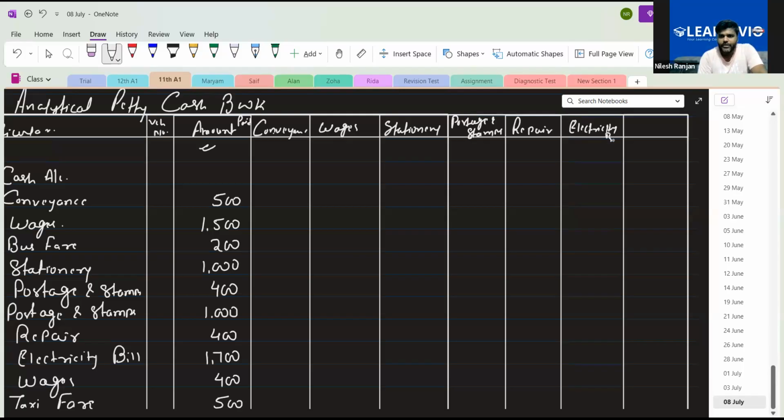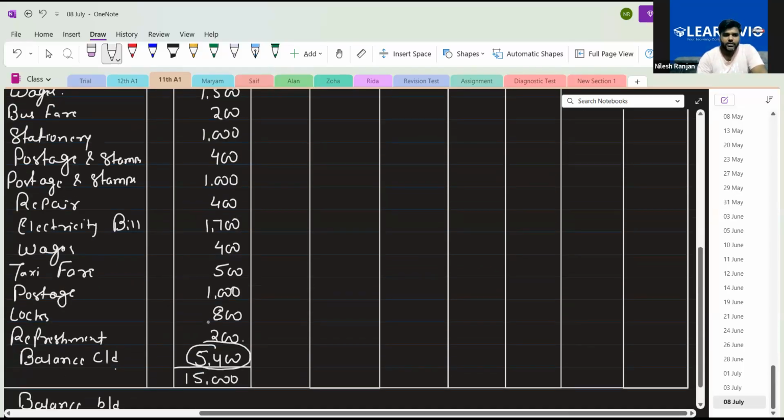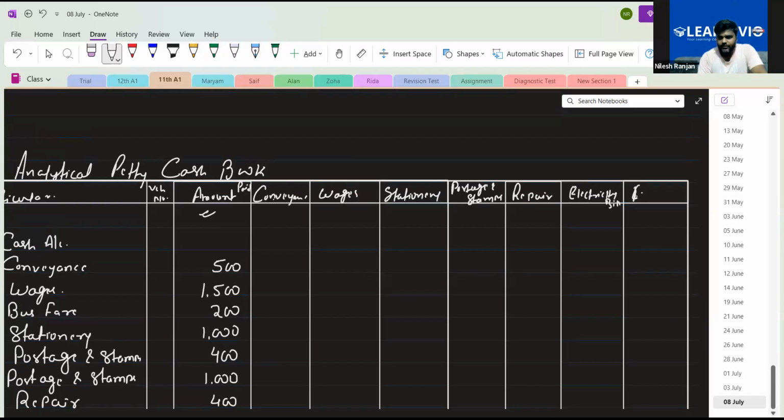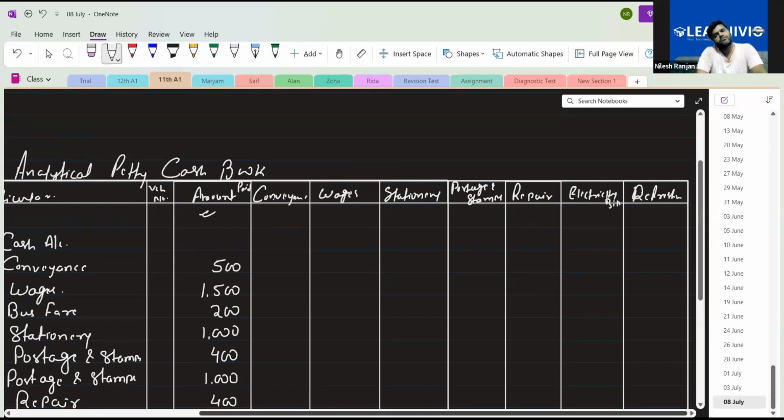So for every expense, you have to create a column. Locks, refreshment. Actually, we will write refreshment. Locks, so I will write in the stationery column. Okay, conveyance, actually, it is not part of stationery. Okay, I will create a separate column.